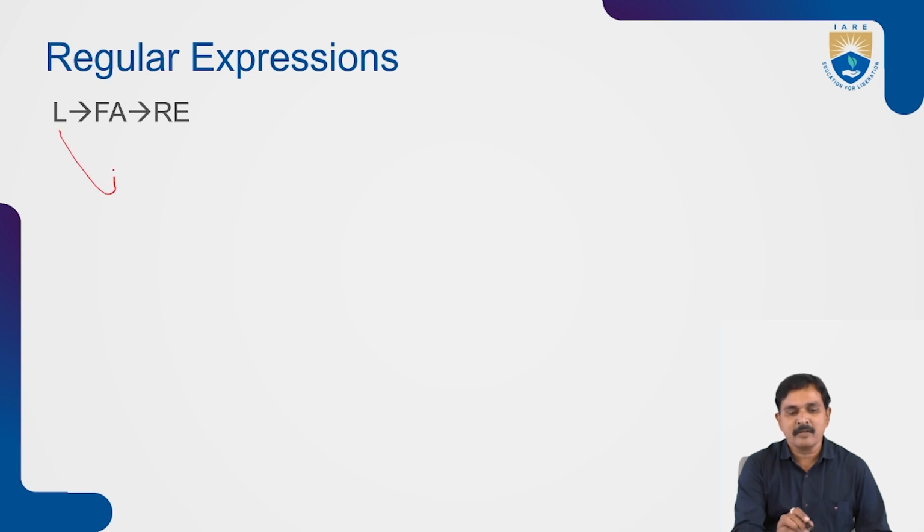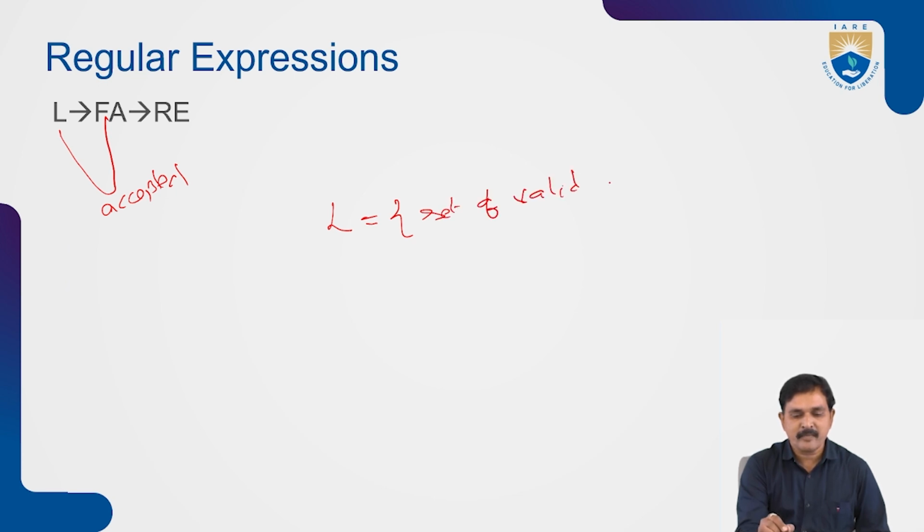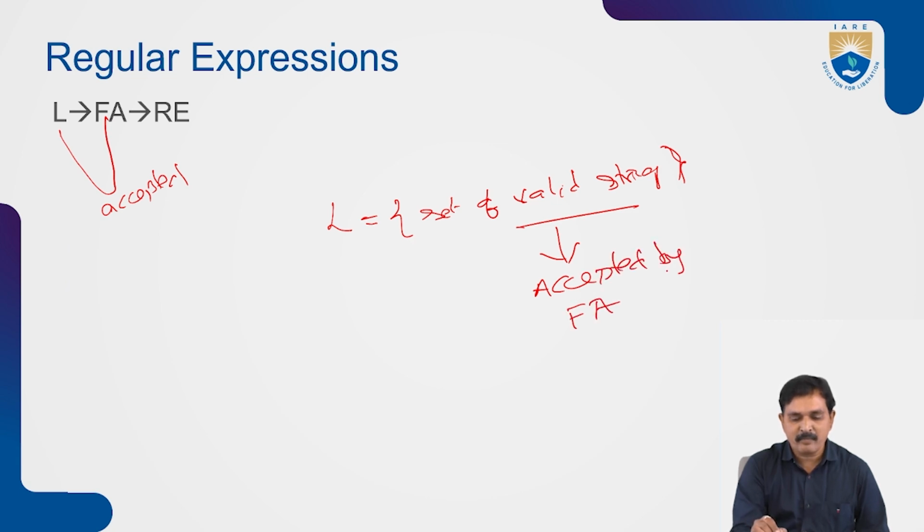How can you say which of those are accepted by the finite automata? Here you are taking the language as a set of valid strings, and a valid string is one that may be accepted by the ideal machine, the finite automata.